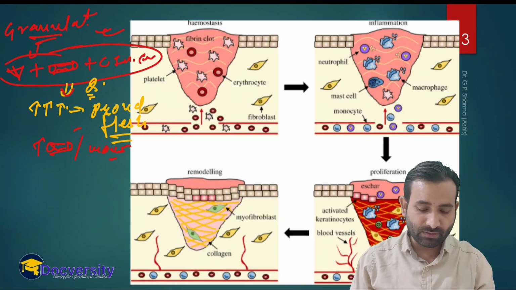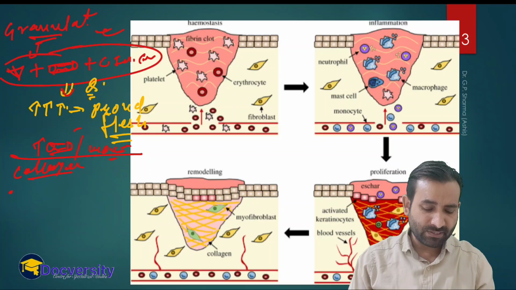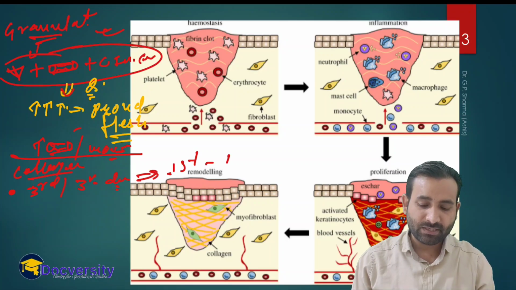Another point I want to explain to you about the collagen: we already discussed that the maximum collagen type 3 synthesis occurs at the third week. It begins at the third day. And tensile strength increases in the first week by only how much? 10% of the tensile strength will be increased during the first week.